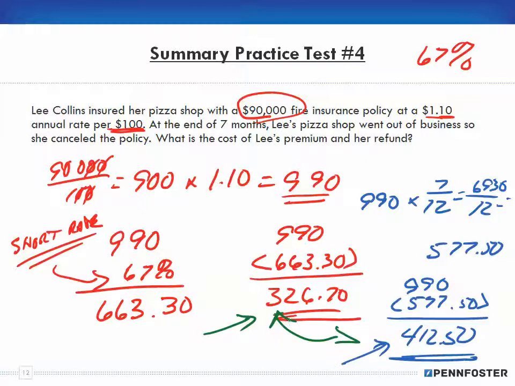Well, that's because the insurance company is getting a premium, by using the short rate table, for the policyholder canceling, which is that difference between the two. In other words, they're saying you're getting fire insurance, you're going to hold it for the entire period of time. If you cancel at any time, you're going to have to pay that premium for canceling.